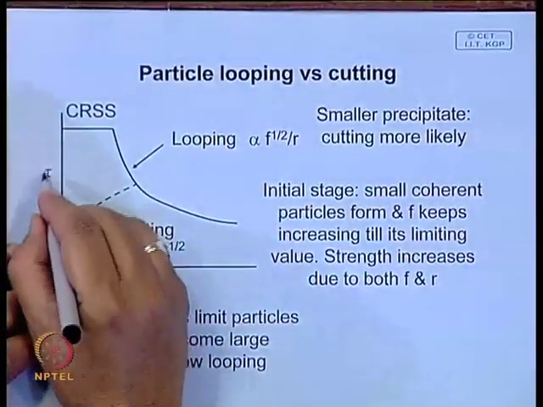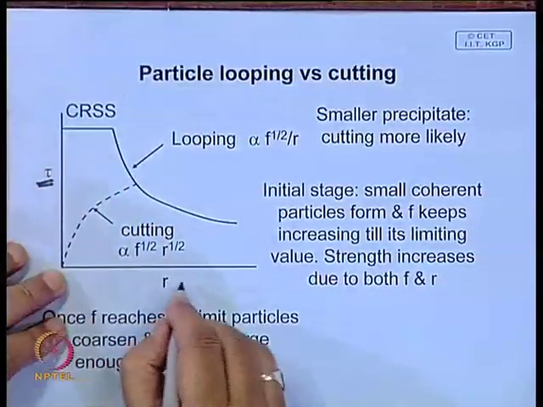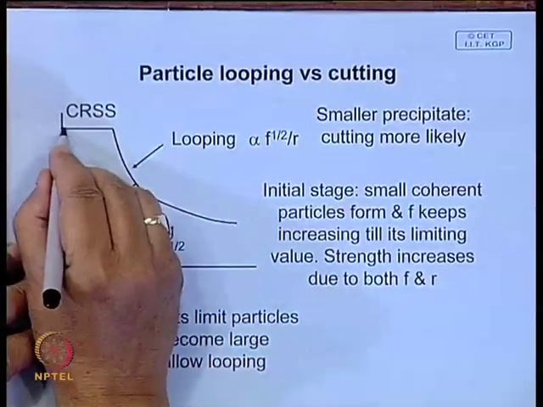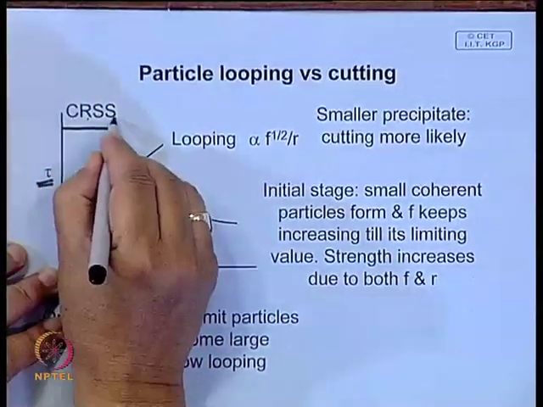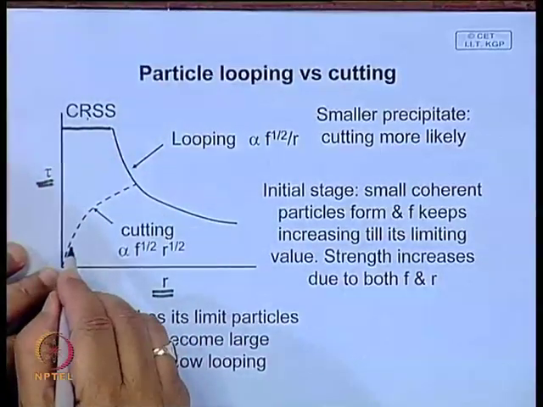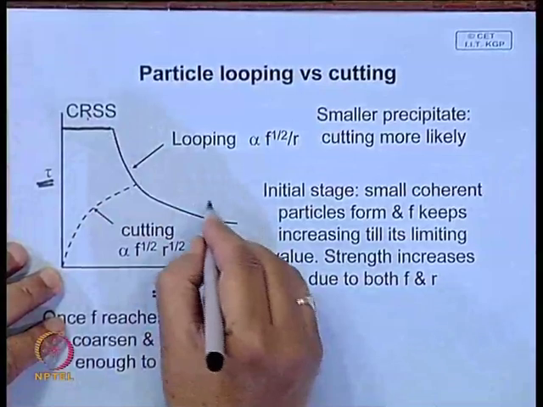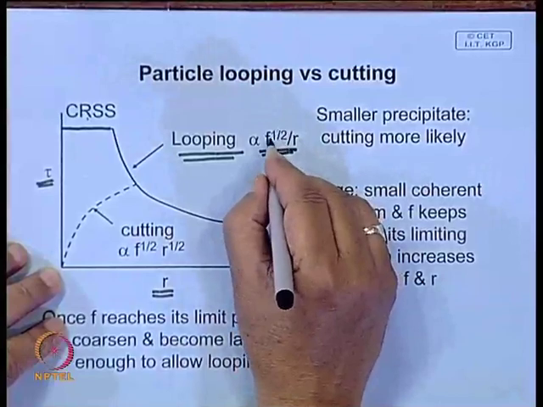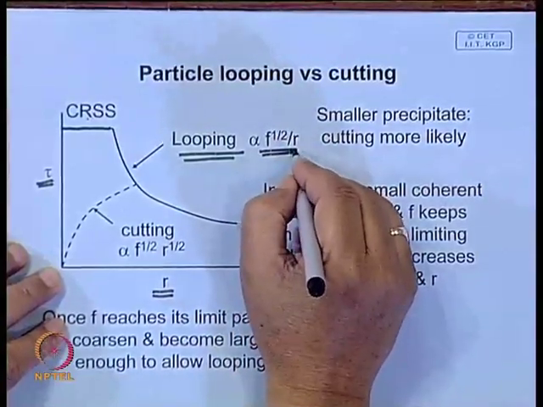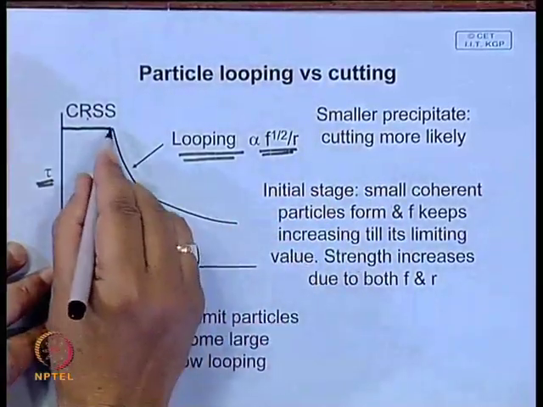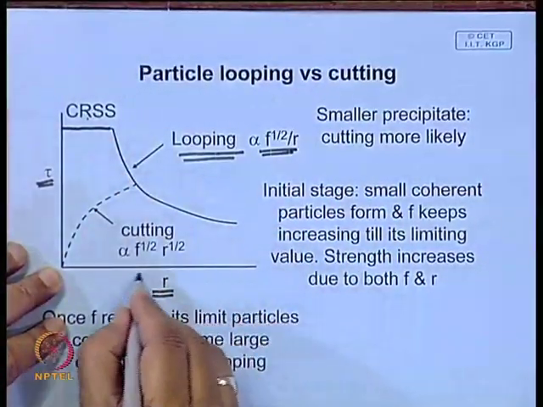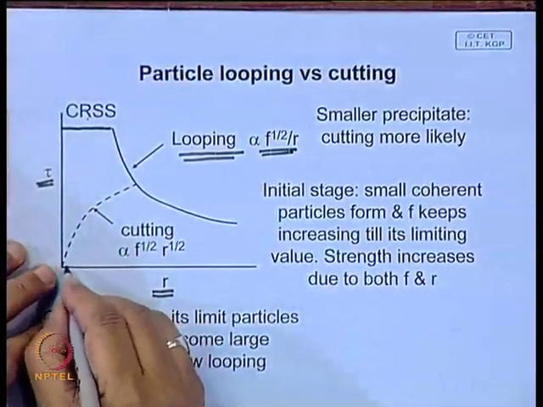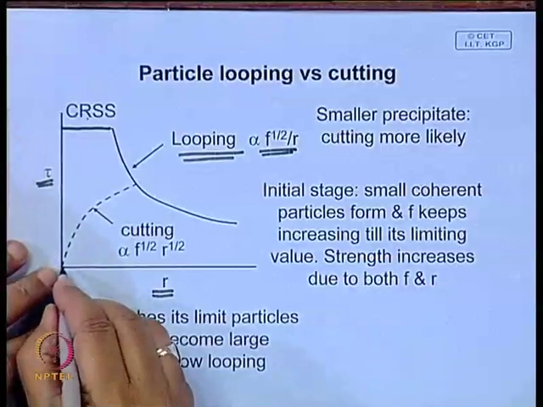This is a plot of the shear stress and this is the particle size. This is the ideal strength of the crystal, this is the critical resolved shear stress, so this is the limit that you can have. Now, this line plots the looping stress, which is proportional to root f over r, inversely proportional to r. Therefore, as r decreases, this goes up. When aging has just started, you do not have any precipitate.